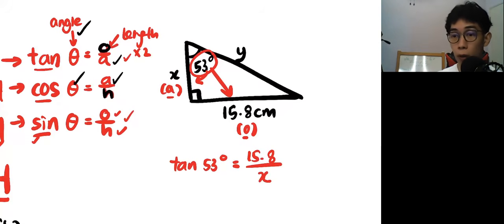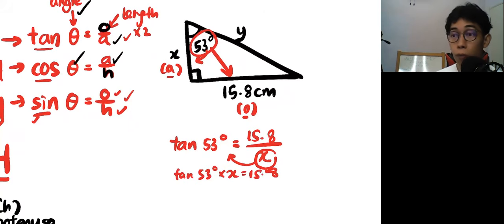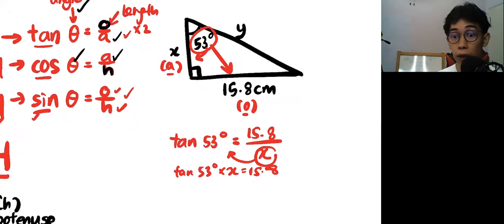First thing, take your calculator. The first thing you do, since you want to solve your x, is move your single fractions, divide over, and you will get tangent 53 times x equals 15.8. This is a normal linear equation.